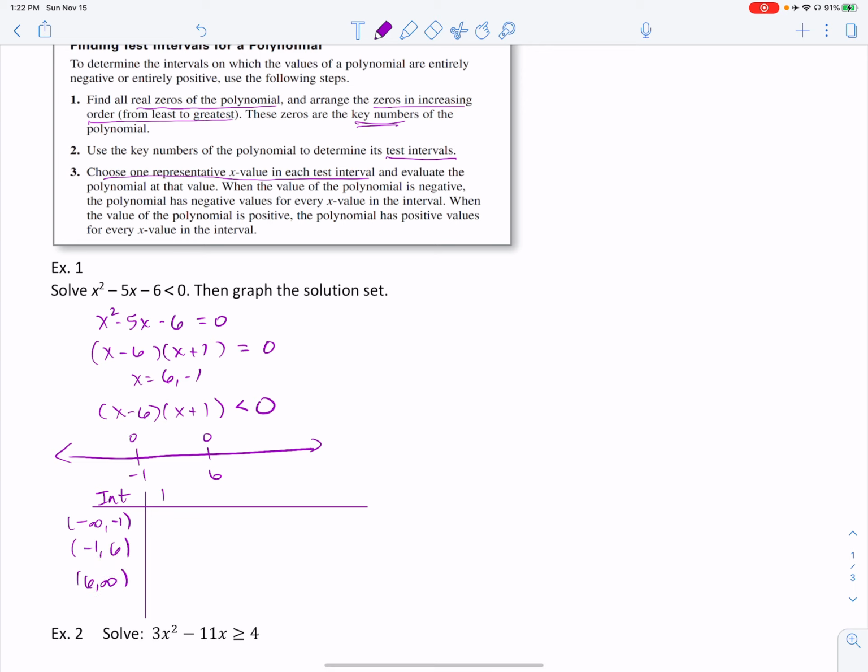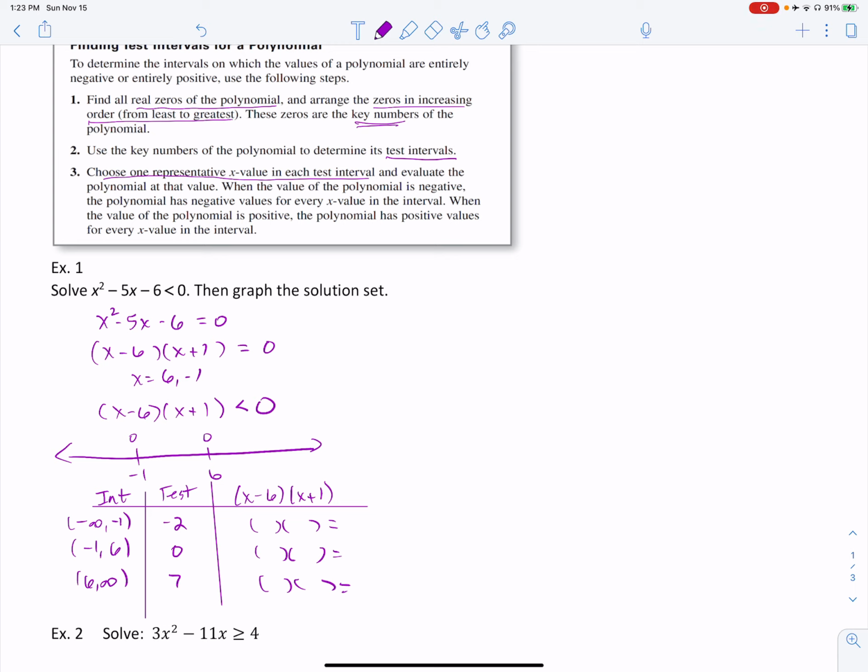And you need this chart. You need to show your test numbers, which negative 2 would work here, 0 would work on that, and 7 will work here. And then you need to show that you are putting them into your factored form and determining the sign. So we don't need the actual value, but we just need to know the sign of each quantity.